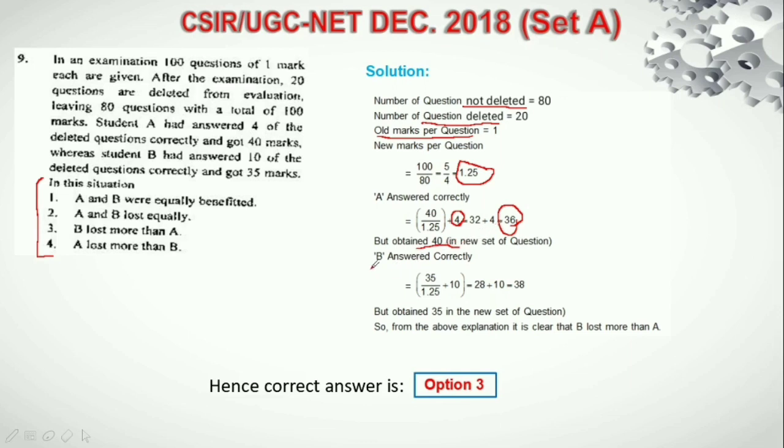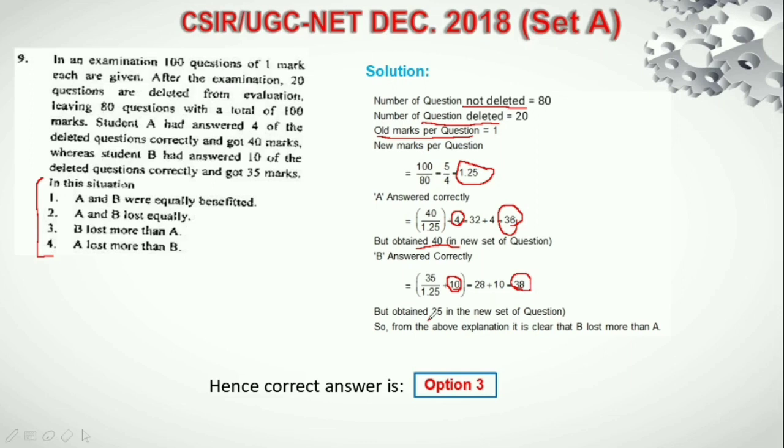Now let us calculate the number of questions correctly answered by student B. So it will be 35 divided by 1.25 plus 10 for the questions which were deleted but answered correctly by student B. So it will be 38. So as per old scheme, student B should have got 38 marks, but actually in the new scheme he obtained 35 marks.